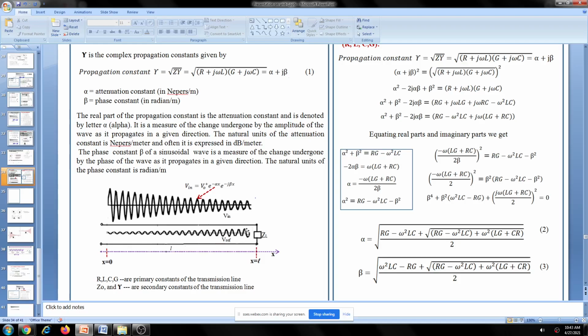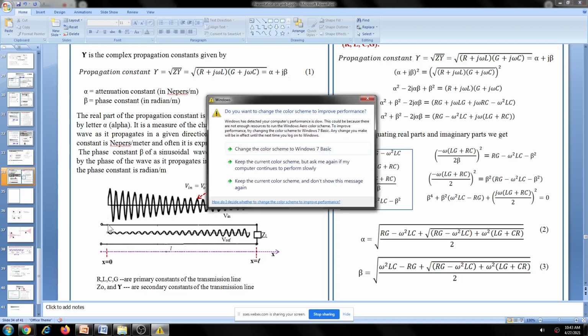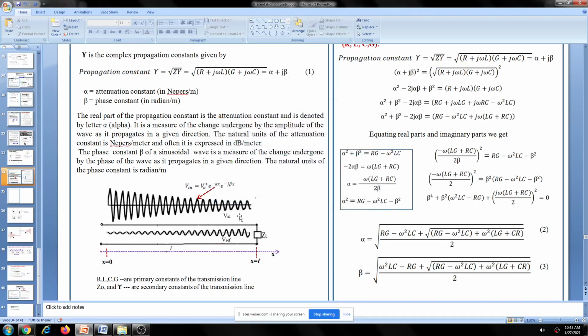So that is the phase constant at a particular instant of time. If we measure the signal present here and the signal present here, they have a phase difference. Automatically that is called the phase constant, and it depends upon the length the signal has traveled. Its unit is radian per meter.